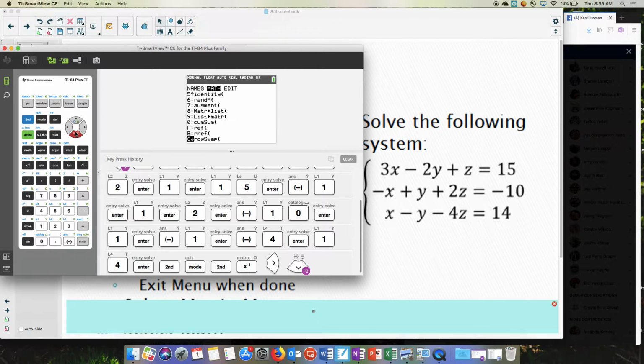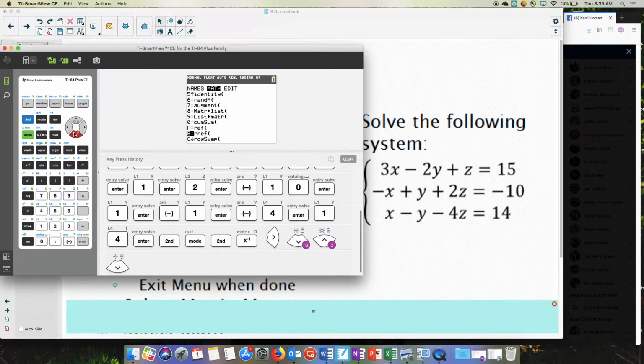And do you see these REF and RREF? What do you suppose REF stands for? Row echelon form. Monique, what does RREF stand for? Reduced row echelon form. If we're using our calculator, which one is going to be the most beneficial? Reduced row echelon form. So go ahead and hit it.